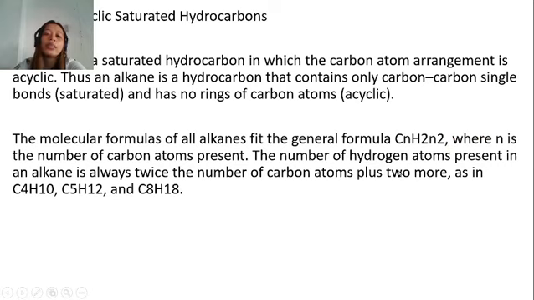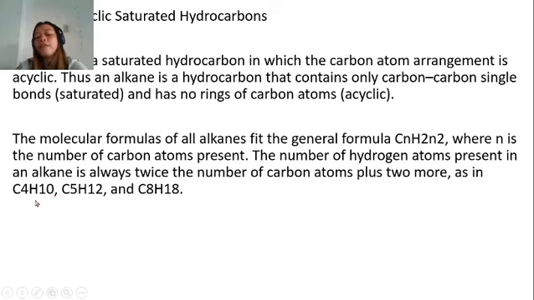It's because the number of hydrogen atoms is twice the number of carbon atoms, plus 2. So, for example, if we have C4H10, that is 4 carbon atoms, so for our hydrogen, you times 2, that would be 8 plus 2.